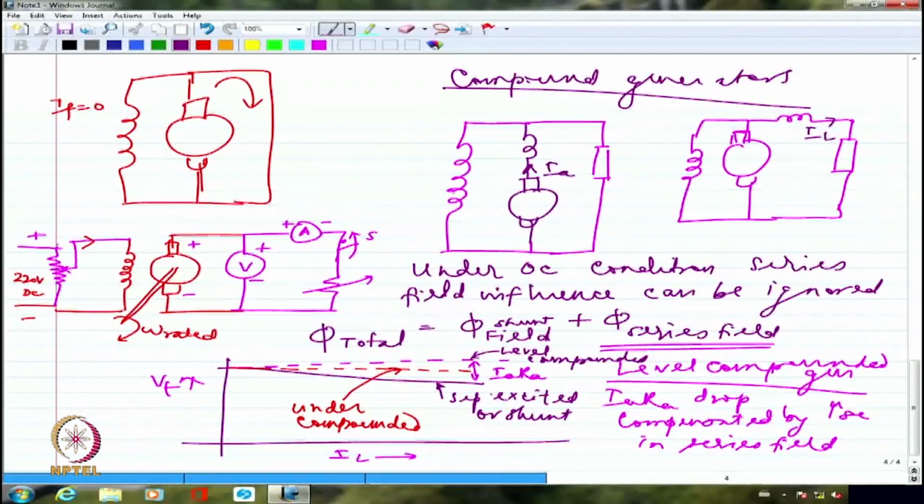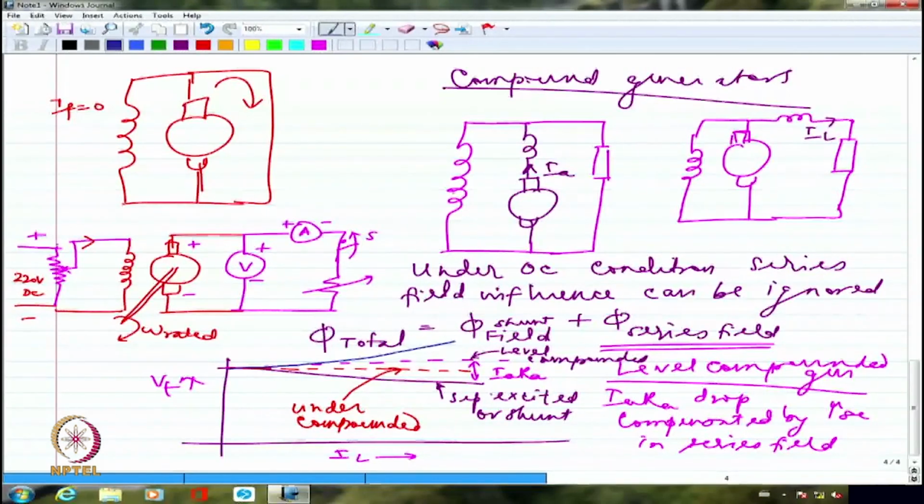If I provide more series field compensation than the IaRa drop, as I load the generator more and more, I will see a steady increase in the voltage, as long as saturation does not interfere. So the voltage may slowly increase. That is known as over-compounded.